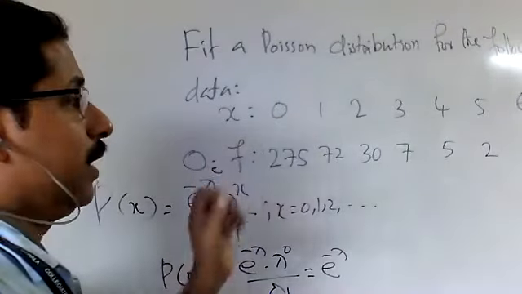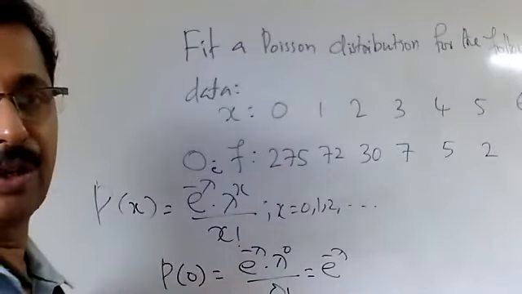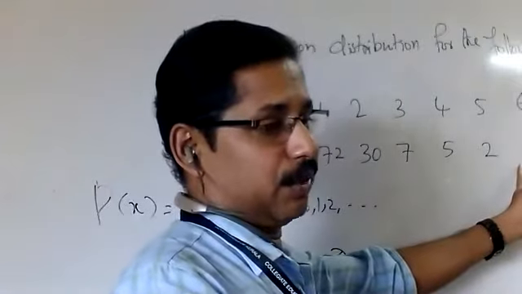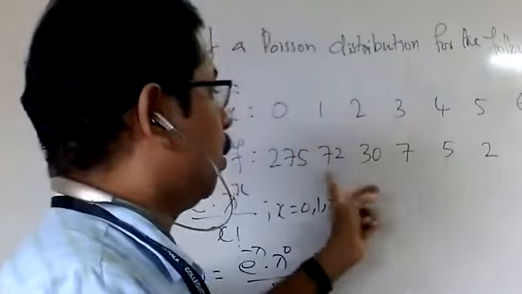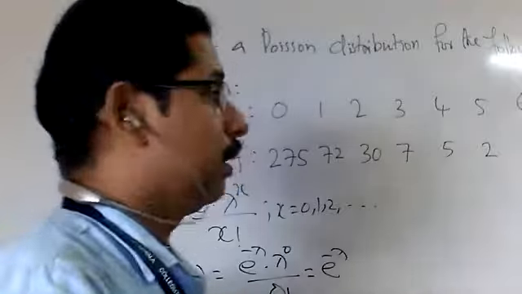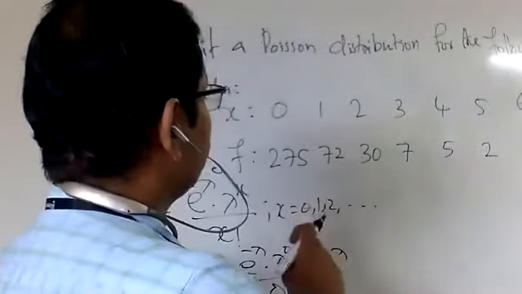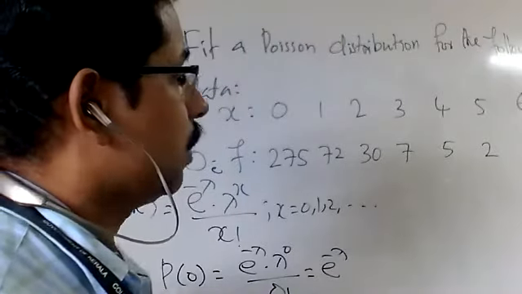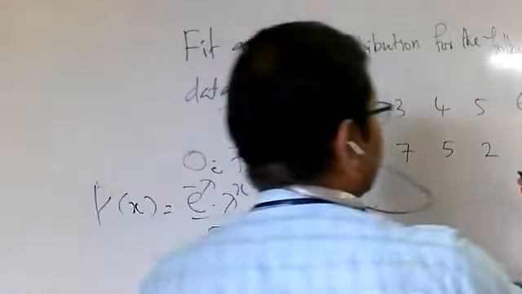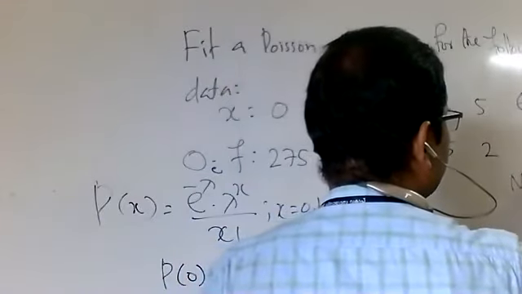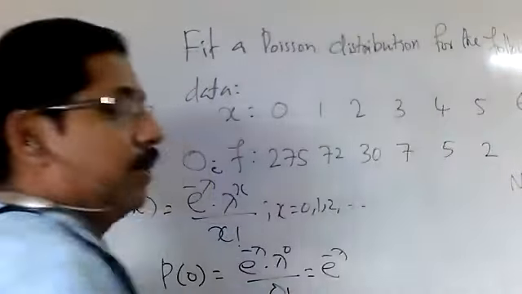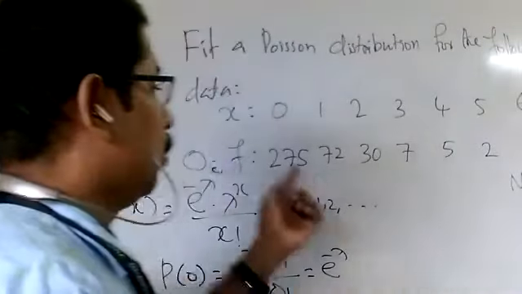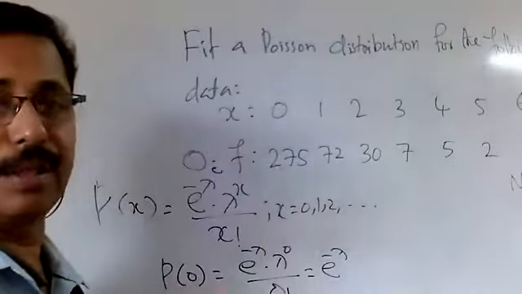To find the expected frequency, first you have to find the total of these observations. You add all these observations: 275 plus 72 plus 30 plus 7 plus 5 plus 2 plus 1. It is 392. That is capital N equal to 392, the total frequency. You multiply that total frequency with the probability at the point 0, and you will get the expected frequency.